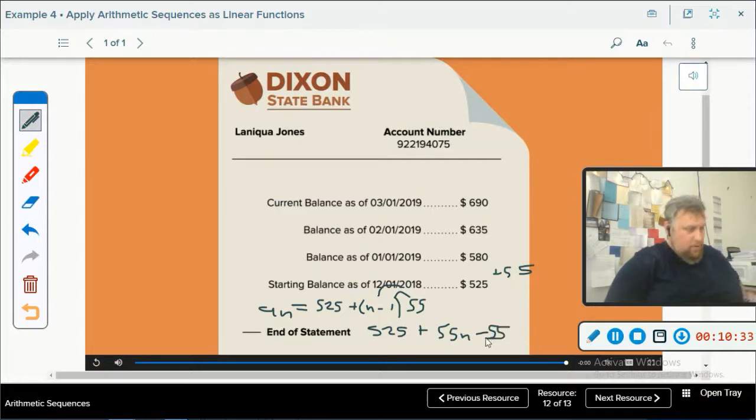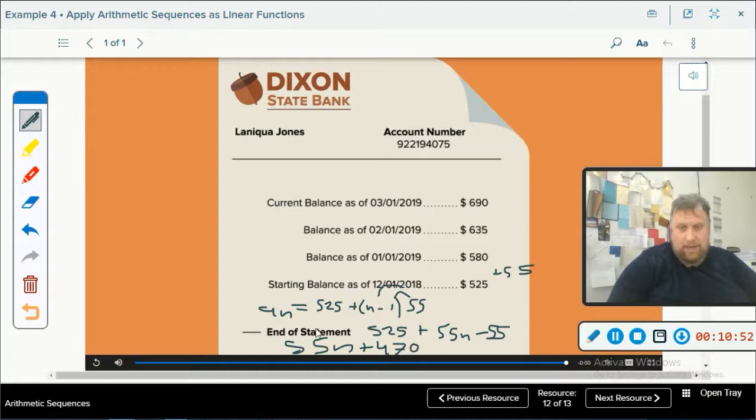And what's 525 minus 55? 470. So when I write this out, I'm going to get 55n plus 470.